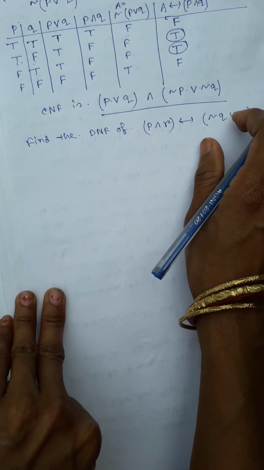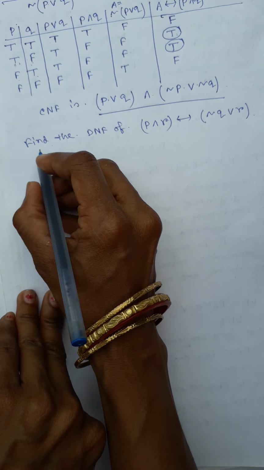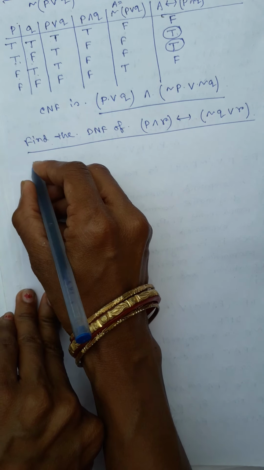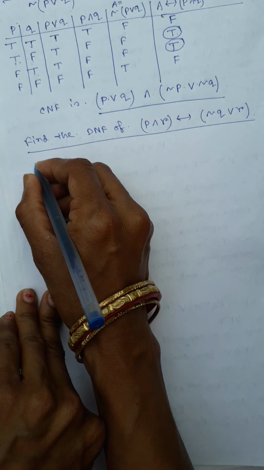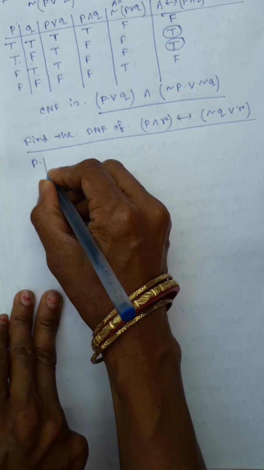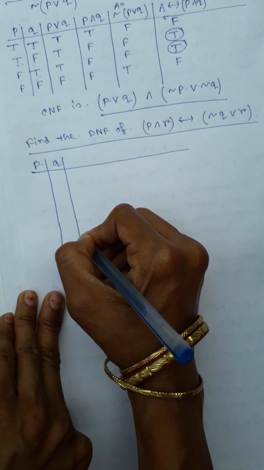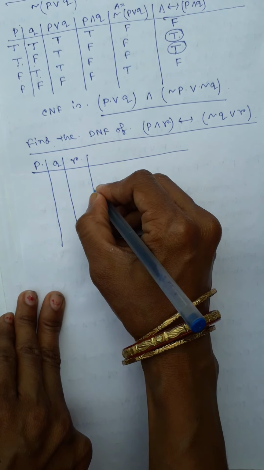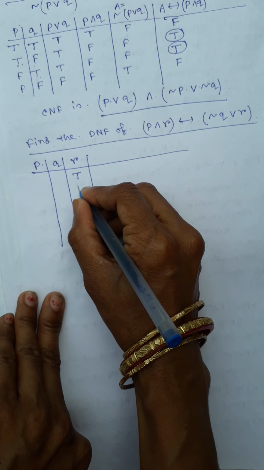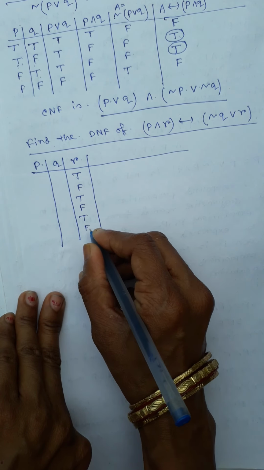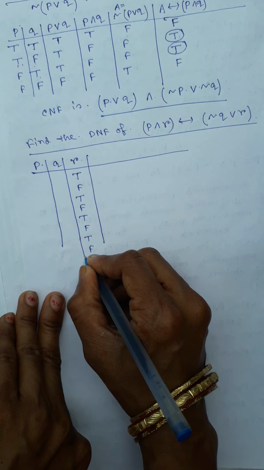For this statement. Okay. Similarly, P, Q, and R. True, false, true, false, true, false, true, false.